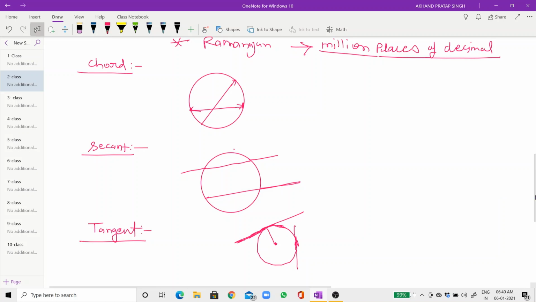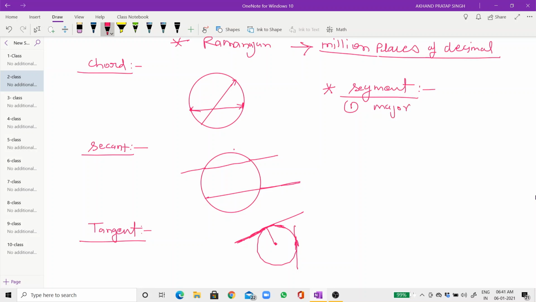Now the next point is the segment. What is a segment? There are two segments: one is the major segment and the second one is the minor segment.